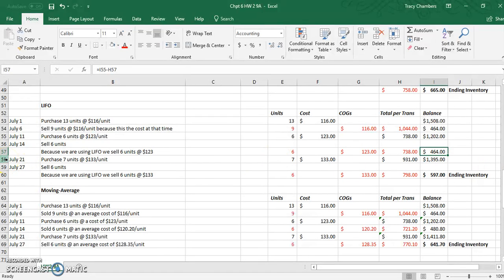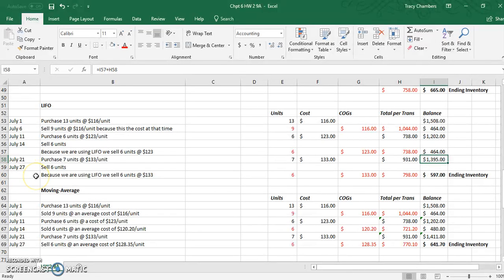On July 21st, we purchased 7 units at $133 per unit. So 7 at $133 gives us a transaction of $931. Added to our previous balance gives us a total of $1,395. On July 27th, we sell 6 units.